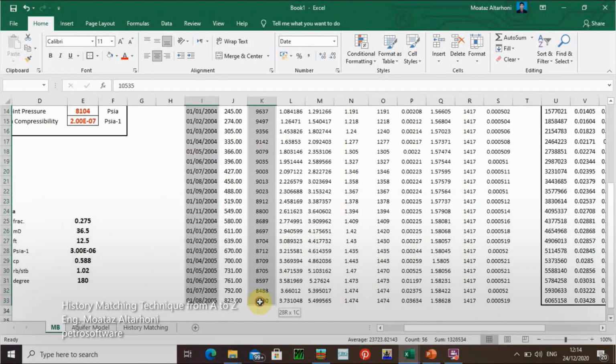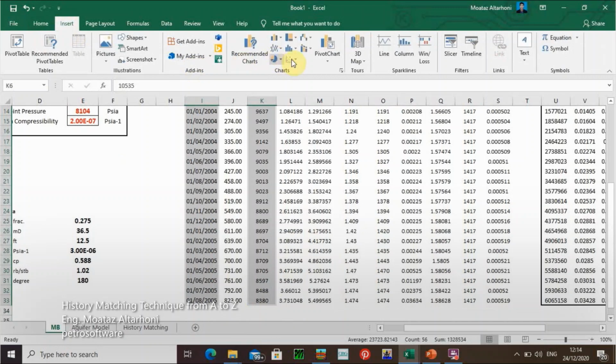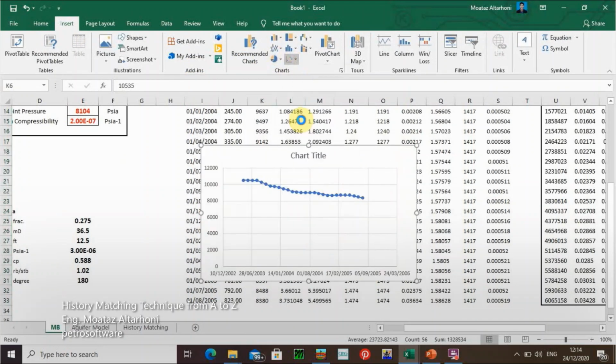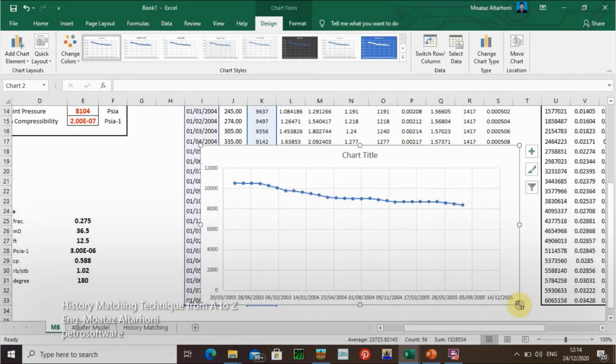First of all, we will start with reservoir pressure. We can see here this is the reservoir pressure. It's constant initially, then still decreases, but we can see here the increase of the pressure at the last point. The pressure is 8,380. It's still above bubble point because the bubble point pressure is 8,104 psia.